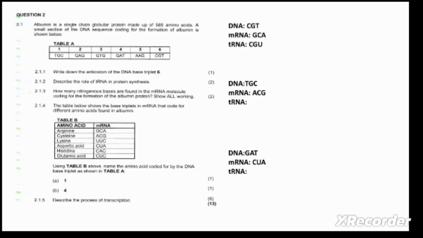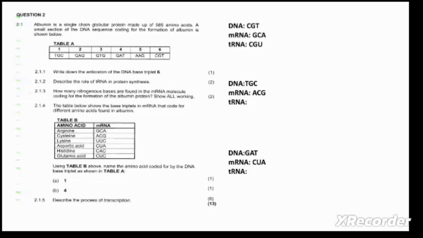For mRNA, C pairs with G, G pairs with C, and T pairs with A. And then from mRNA you move to tRNA: G pairs with C, C pairs with G, and A pairs with U. The answer is CGU. Describe the role of tRNA in protein synthesis. It brings amino acids to the ribosome to form the required protein.